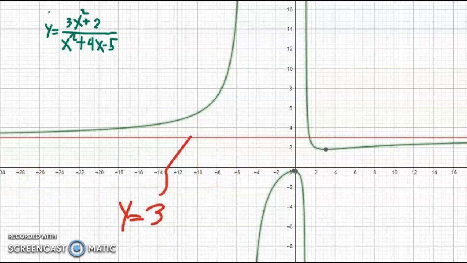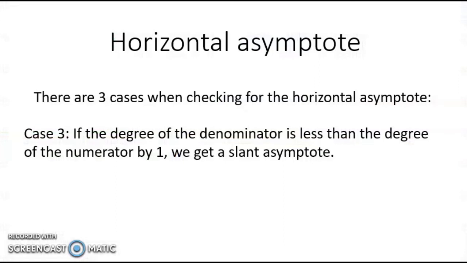Now, the last case is this one, case 3. If the degree of the denominator is less than the degree of the numerator by 1, we get a slant asymptote. Example, f of x equals (3x squared minus 2x plus 1) over (x minus 1).